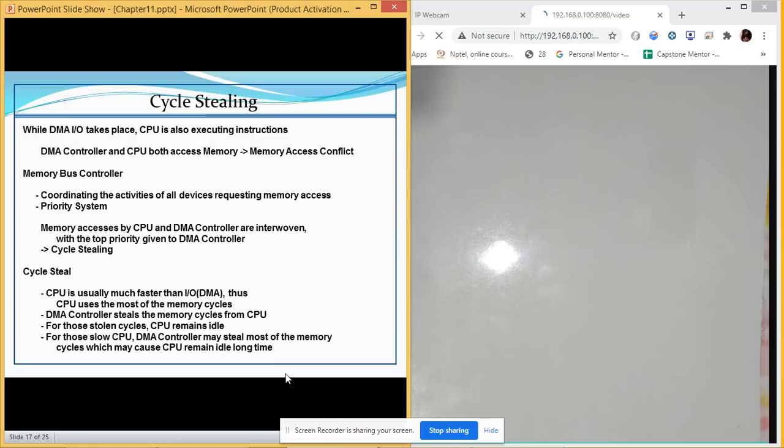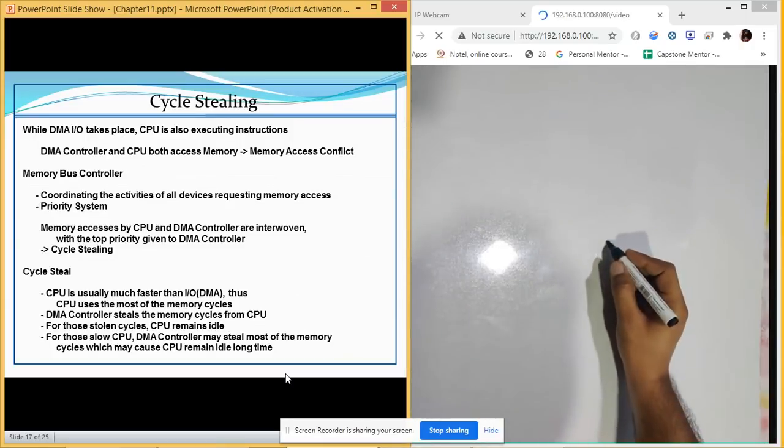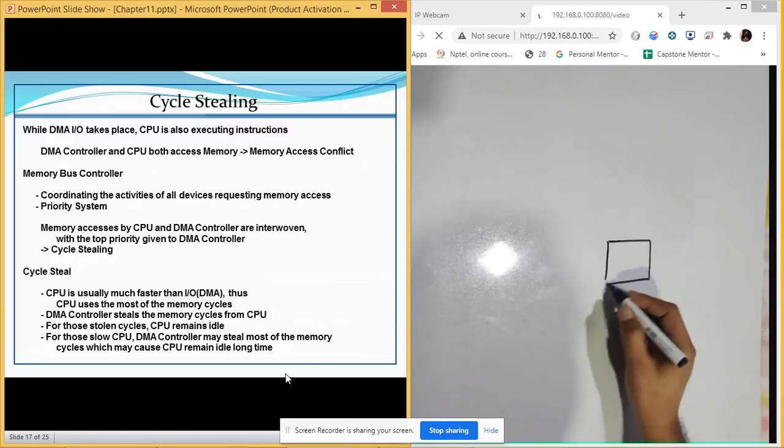Then we have another very important concept which is known as cycle stealing. Now this is very important. Why? Because you might have a question.